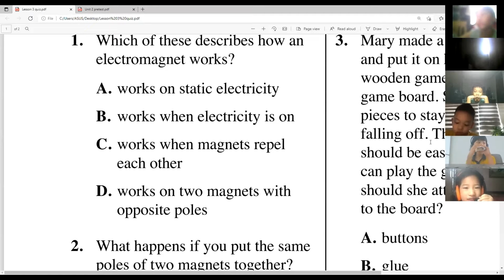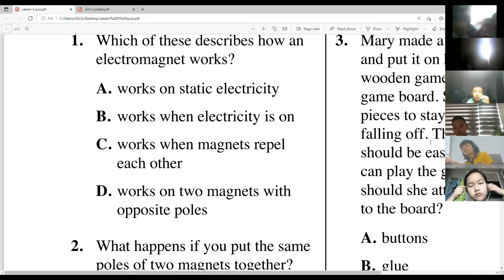Which of these describes how an electromagnet works? A, works on static electricity; B, works when electricity is on; C, works when magnets repel each other; or D, works on 2 magnets with opposite poles?